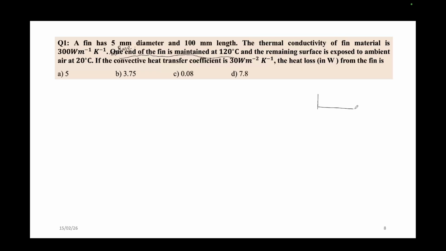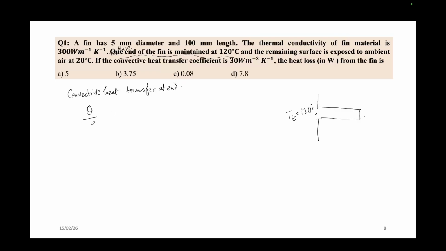So which case is it? Convective. So it is a case of convective heat transfer at the end, right?